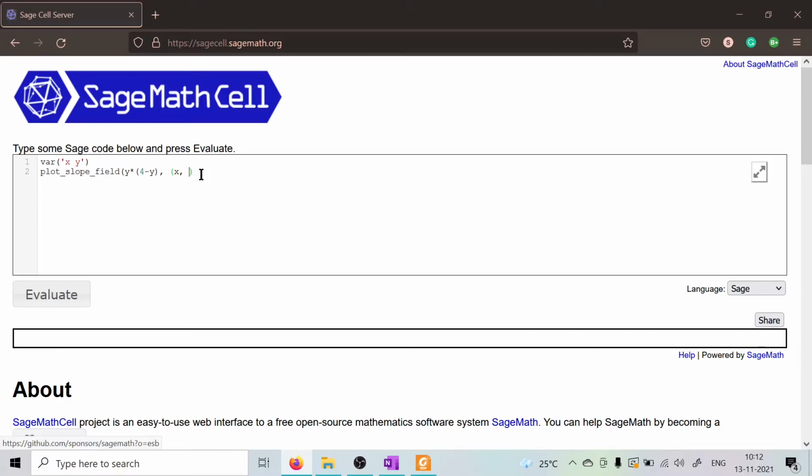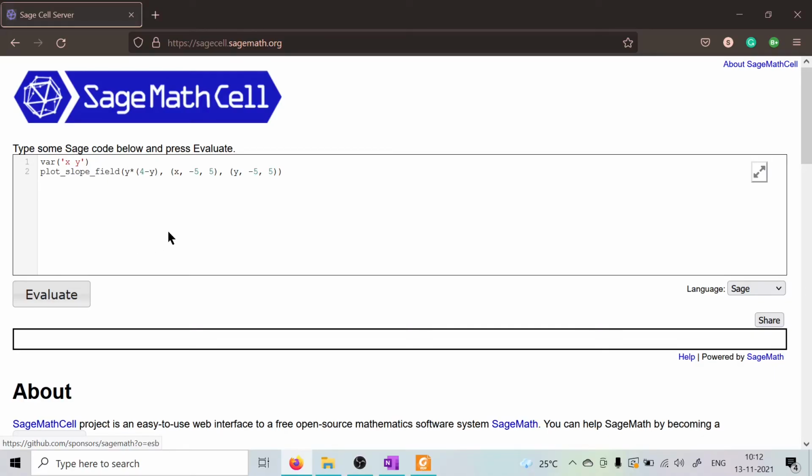So we'll write x range -5 to 5 and y range -5 to 5. You can see that in this function there is no x value because it is an autonomous ODE. That is why the independent variable doesn't appear. If you press evaluate, it will plot the slope field or the direction field.